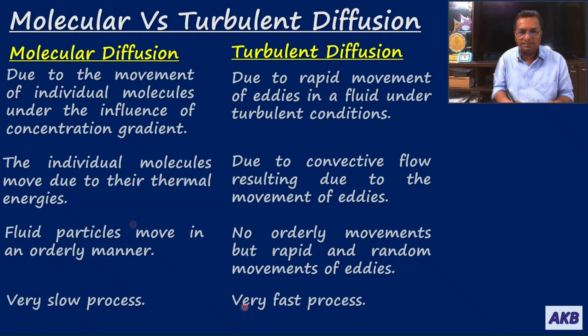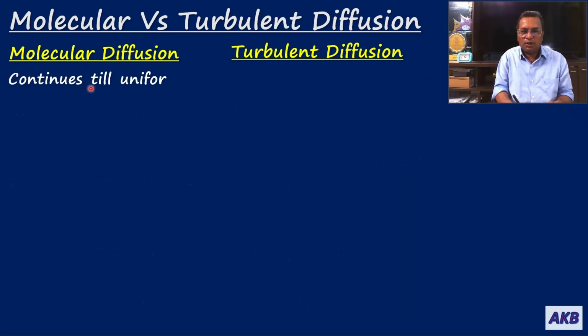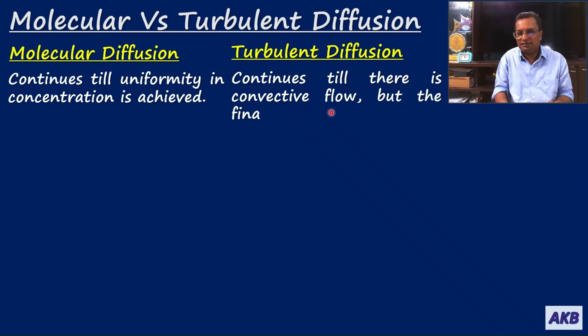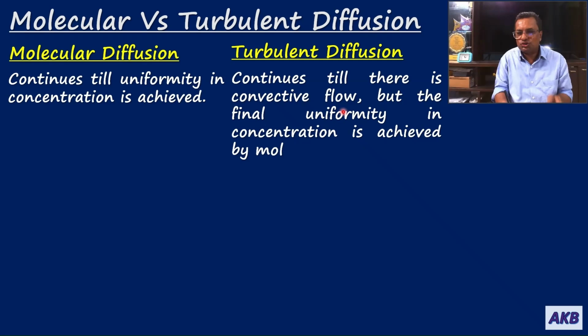Let us move on. Molecular diffusion will continue till uniformity in concentration is achieved. But turbulent diffusion will continue only while there is convective flow. So if convective flow stops, turbulent diffusion is going to stop, but molecular diffusion will continue.